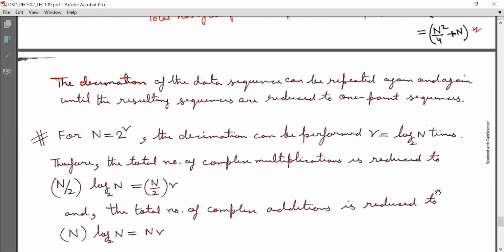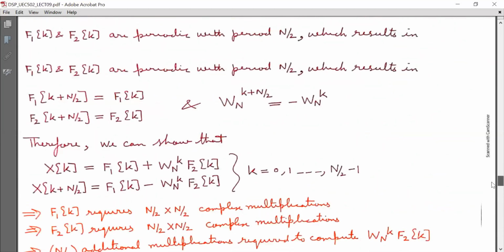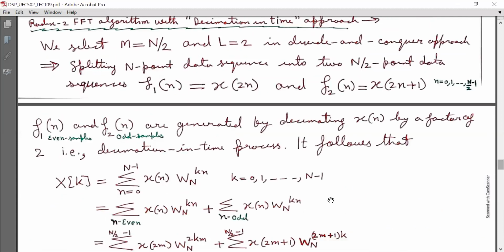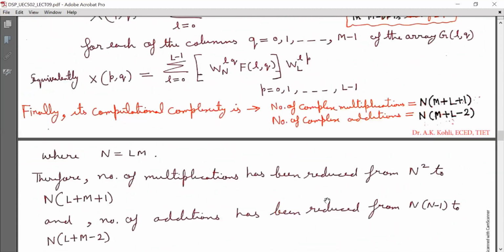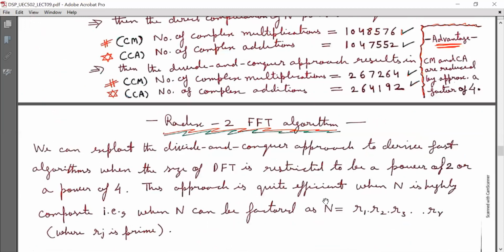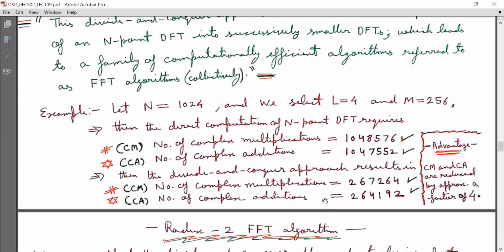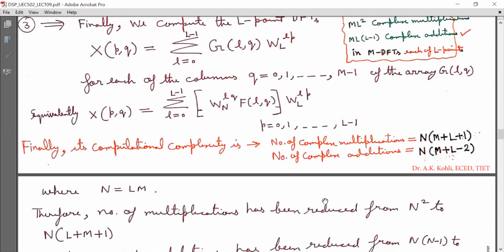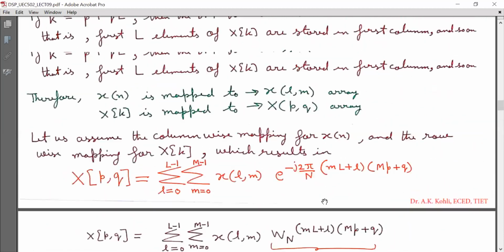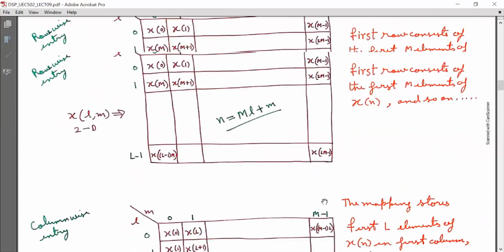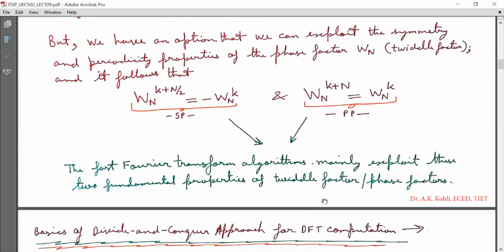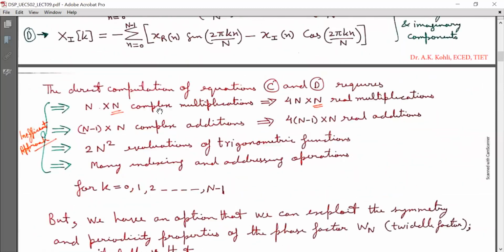In the direct DFT approach, we require n square complex multiplications and n minus 1 into n complex additions.